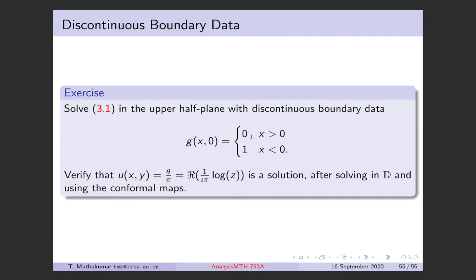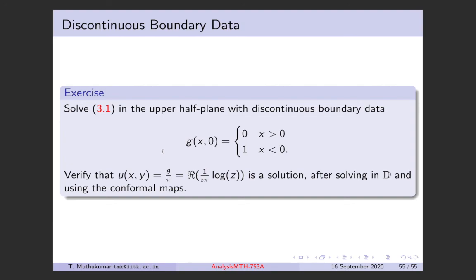When the angle is 0, it takes the value 0; when the angle is pi, it takes the value 1. So at least from the boundary condition, one possible choice is theta by pi. You can verify that if you define this, it will be a solution.